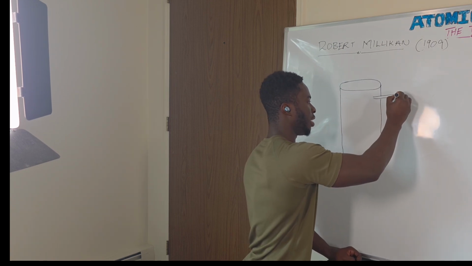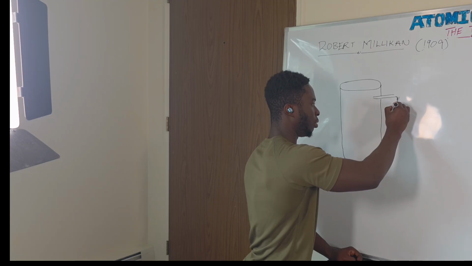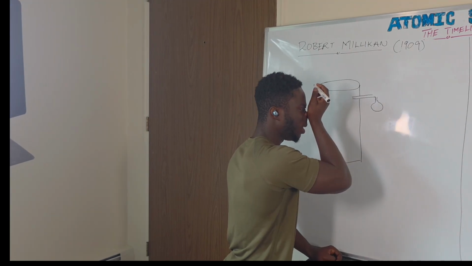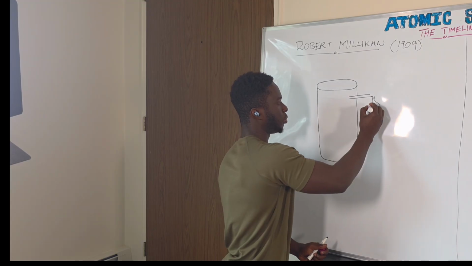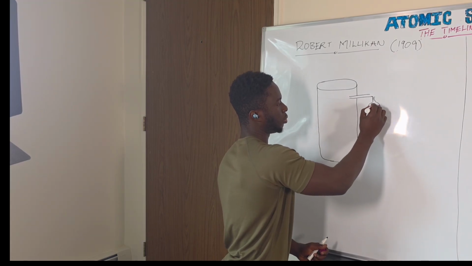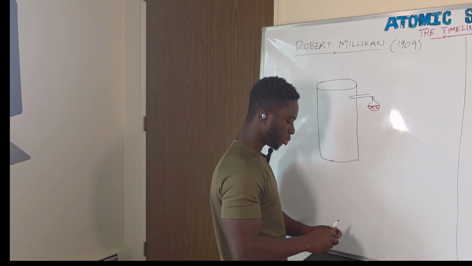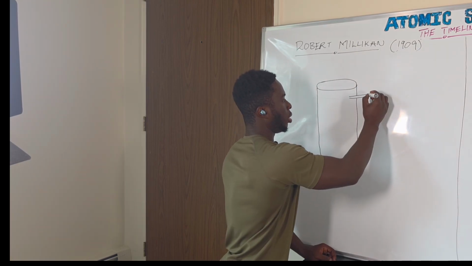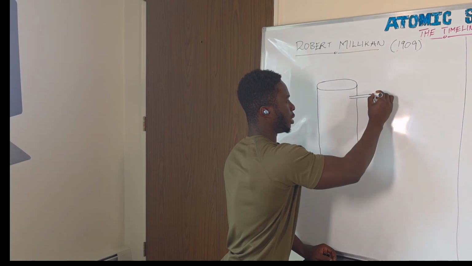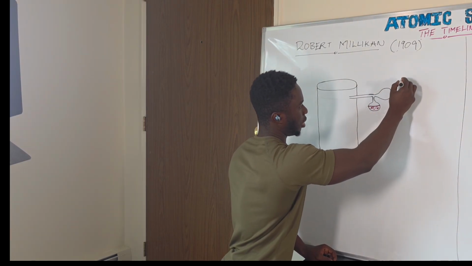So that is basically what an atomizer is. And over here, he had an oil tied to it. So we're going to say this is our oil, and this is the bulb of the atomizer.